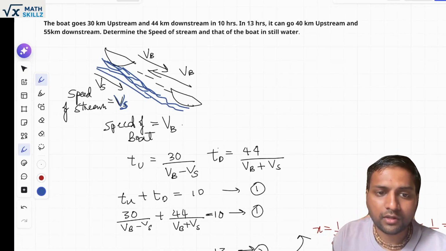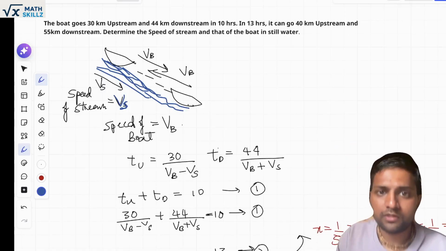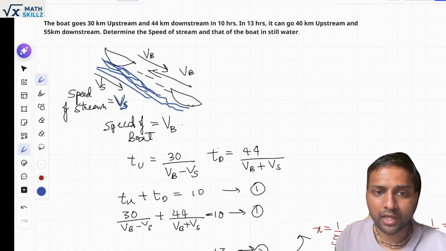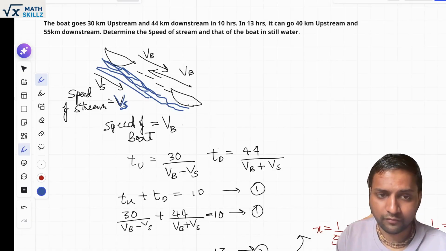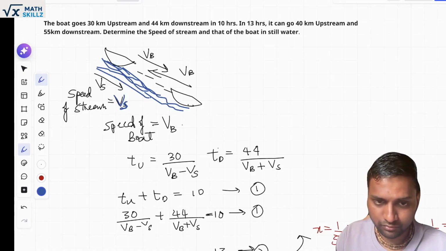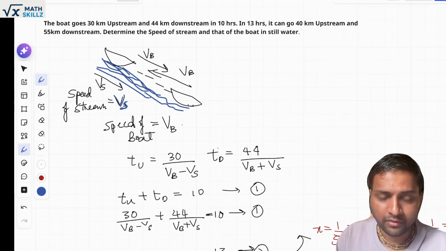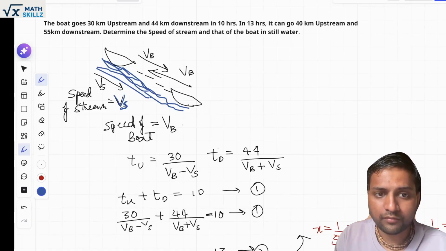Now, because the time is given here as 10 hours, let us find the equations for time. The time taken by the boat for going upstream, tu, equals distance divided by speed. The distance is 30 kilometers upstream, and the speed is the speed of the boat subtracted by the speed of the stream.